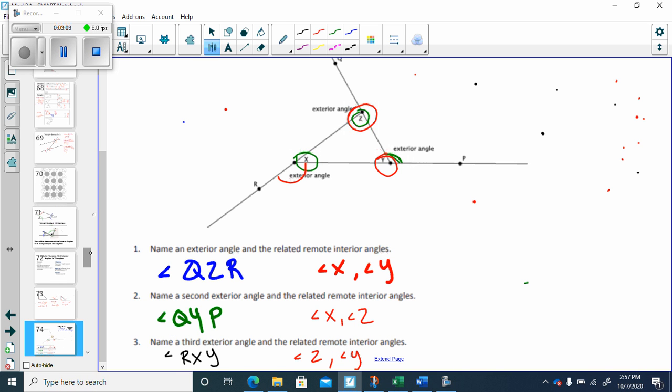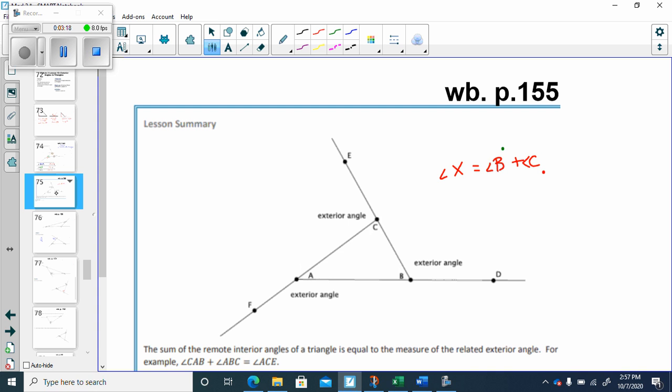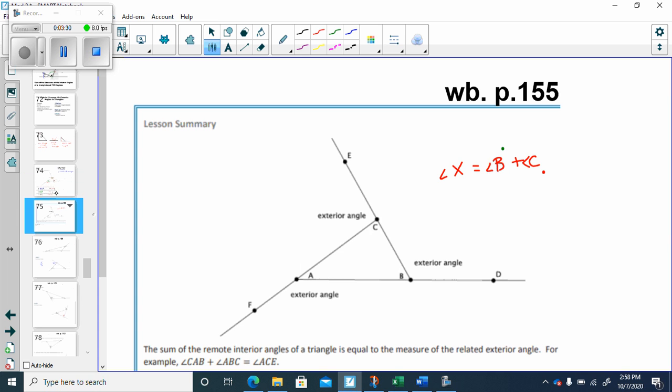Now, I need you to turn to page 155 because I want to show you the rule that deals with exterior angles and remote interior angles. On page 155, it shows us the angle we were talking about just a minute ago, just different letters here. And what it tells us is that the measure of the exterior angle, like this angle here, is equal to the sum of the two remote interiors.